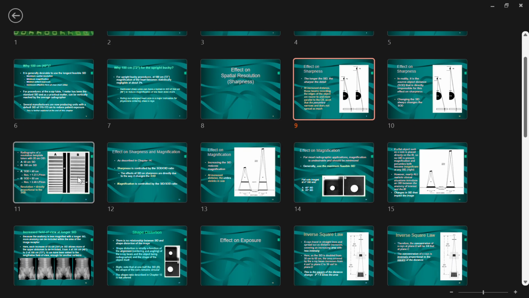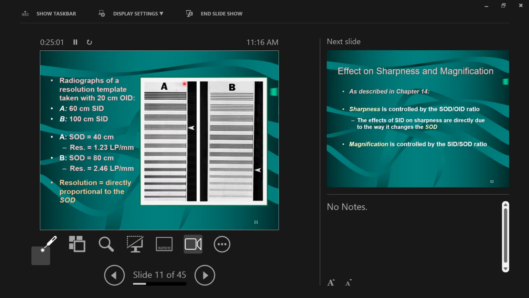This next slide should help a little bit. This thing is called a resolution template. It's basically made of sheets of thick lead foil that get subsequently thinner and thinner. Depending on your spatial resolution, for whatever factors you have, focal spot size, distances that you're using, there will be a point where the apparent difference between black and white goes away.